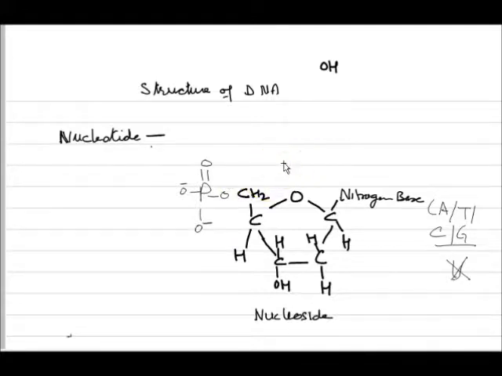So quickly, the two are joined by this bond over here. A nucleotide has three components. One is the nitrogenous base, then this part is the deoxyribose sugar, and the third one is the phosphate group.